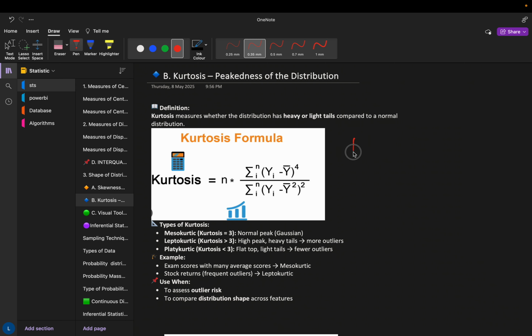Kurtosis is the fourth statistical moment. Okay.